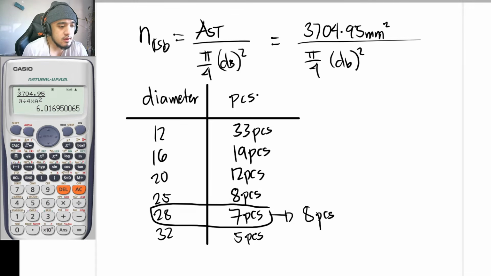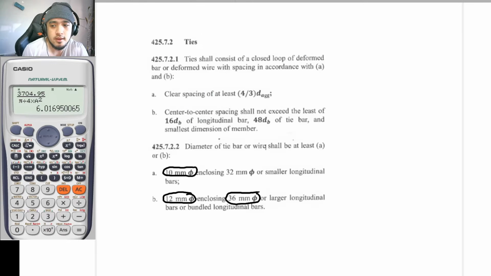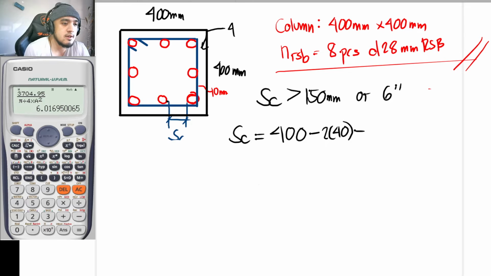Okay, so once again, since we will be making use of this provision, and in our problem, we have chosen 28 mm diameter rebar. So if you have chosen 28 mm diameter rebars, it is to be less than 32 mm diameter. So meaning we would be using 10 mm for our lateral ties. Okay, so with that, this is to be 10 mm. But we have two sides, so times 2.